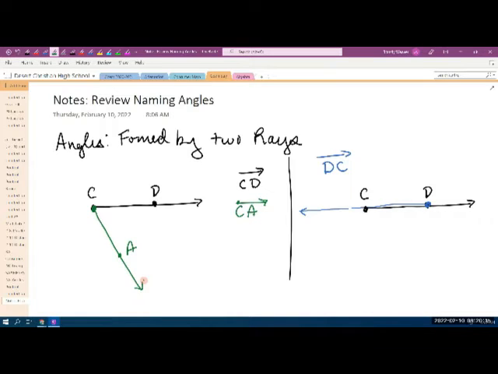All right. So with these 3 letters here, we technically have 2 angles formed. We have this angle right here, and we have this angle out here. As I've drawn this, this is an acute angle, and this is a reflex angle.